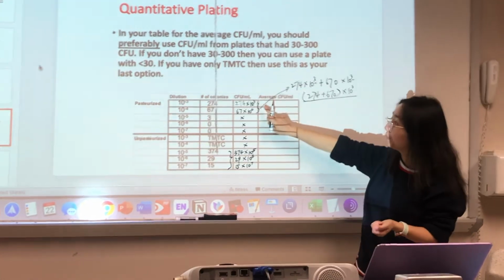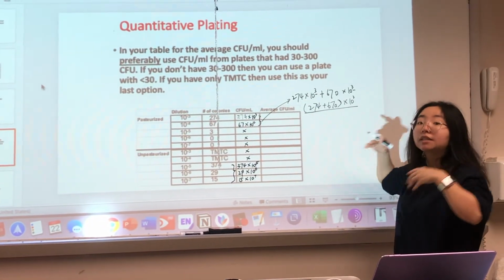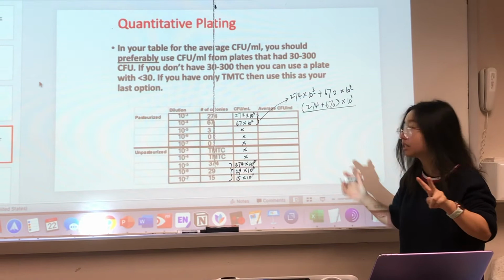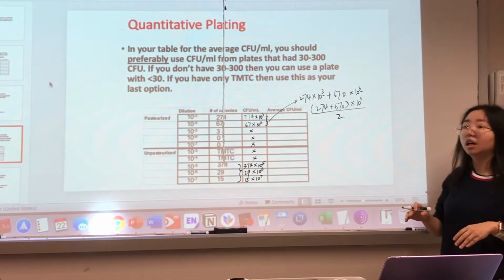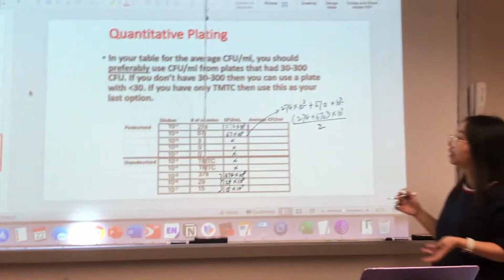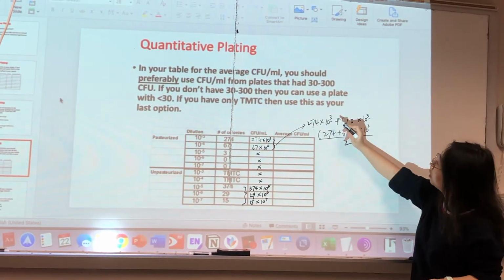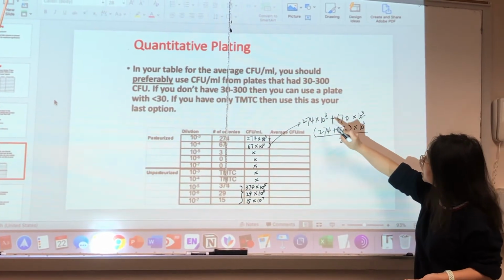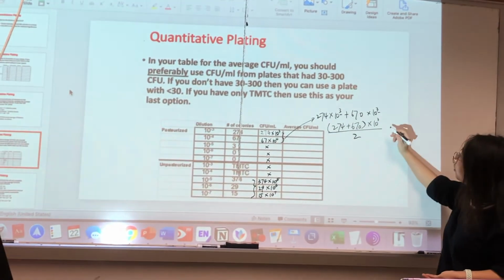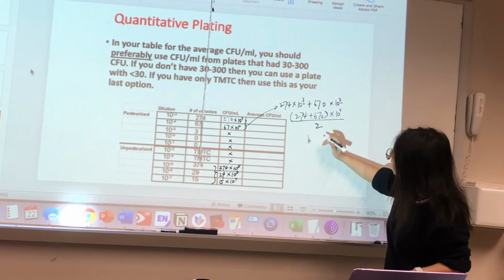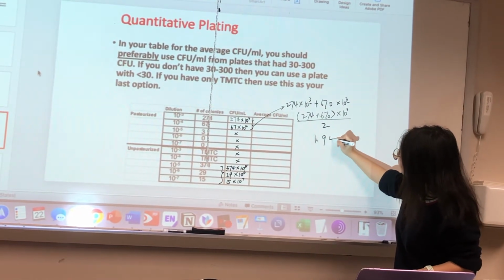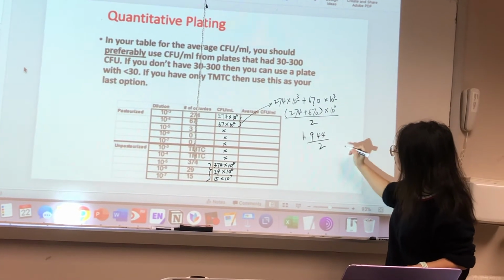I use the 2 plates. I'm going to get the average for these 2 plates, so I need to divide by 2. So this is an easier way to do the average CFU per ml: just get the same unit and add them together. This would be 944 divided by 2.